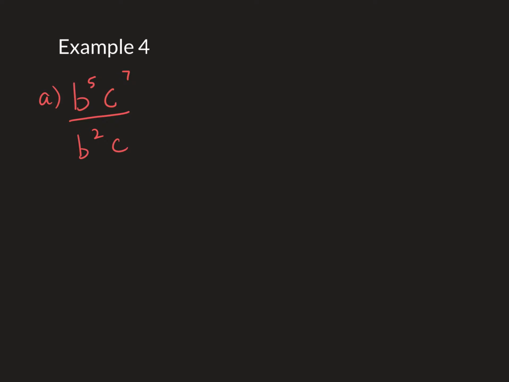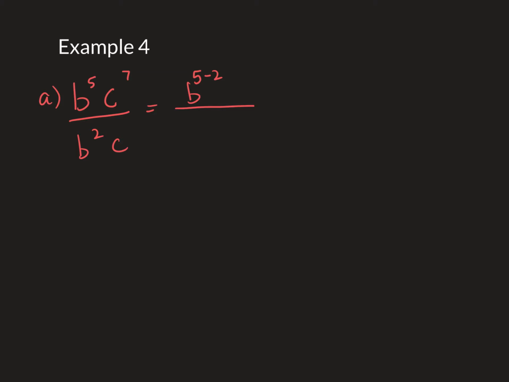Now, I do this a little bit differently than a lot of teachers do because I try to make sure that we keep our exponents positive. So the first question I tell students to ask themselves is, where is your b's exponent the largest? Well, that's in the numerator. So my b is going to be in the numerator. And then I subtract my exponents from there, 5 minus 2.